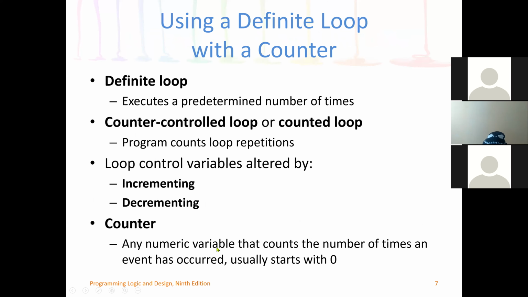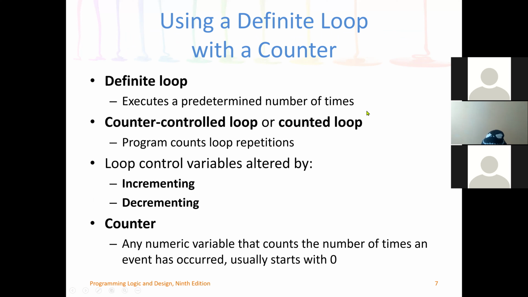Anytime we are creating a loop, we should be very careful because sometimes we may end up having a condition that cannot be met. If the condition cannot be met, then the loop becomes an infinite loop. An infinite loop means the loop will execute forever. There's no stopping condition. So a definite loop means the loop executes a predetermined number of times.